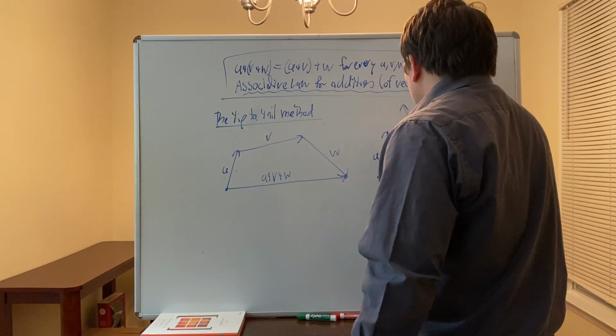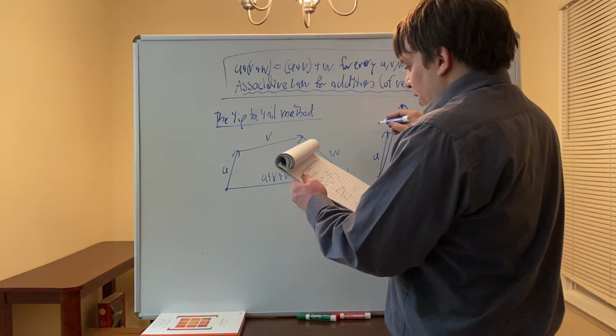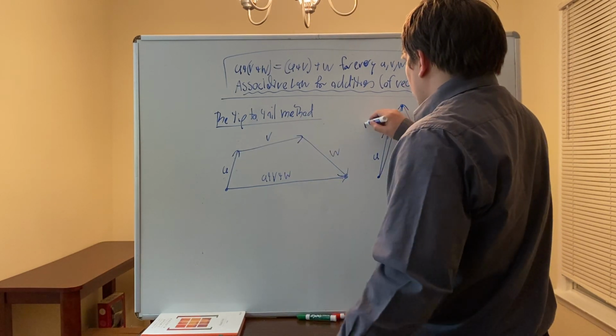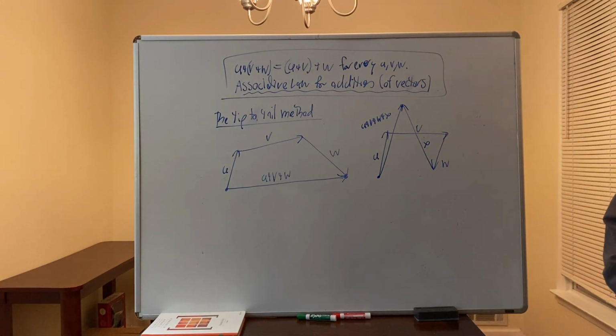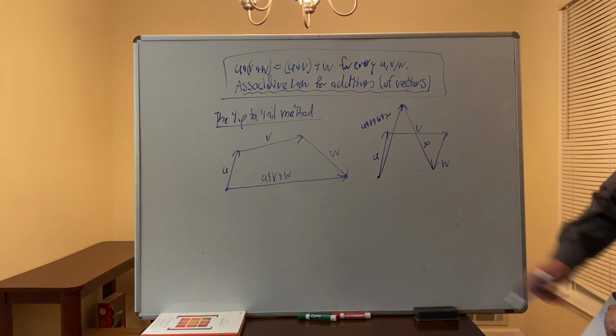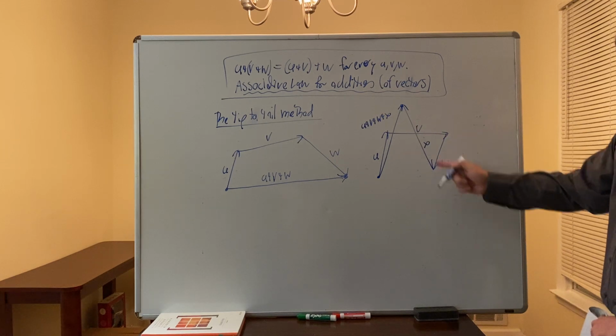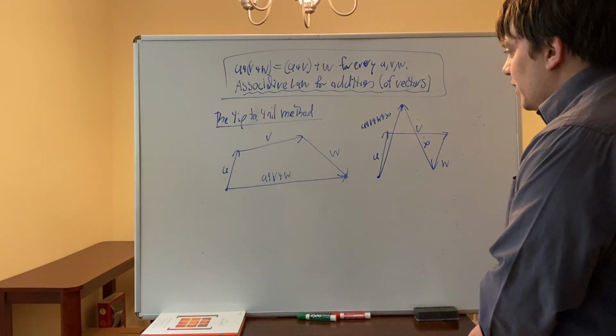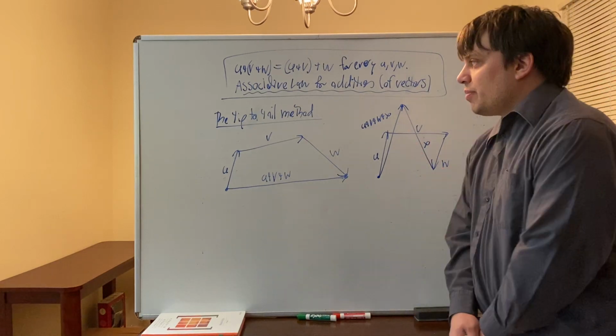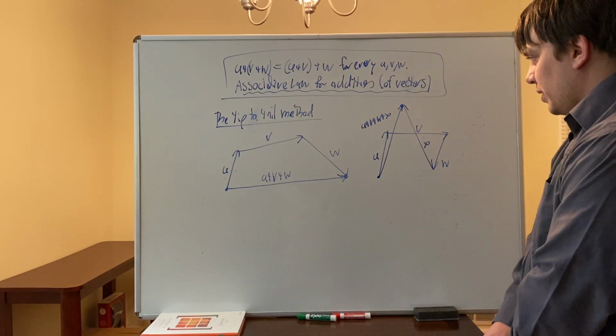Starting from the beginning to the end, the vector you get is u plus v plus w plus x. That's applying the tip-to-tail method for 4 vectors, finding the sum.